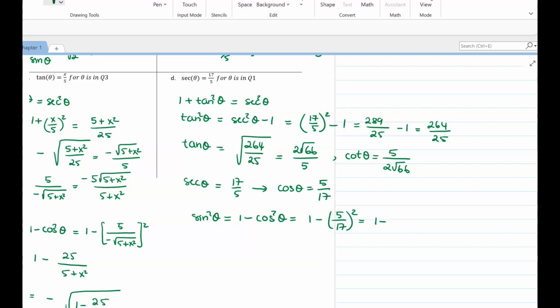That is 1 minus 25 over 289, and that is 264 over 289. And so sine of theta equals the square root of 264 over 289. That is 2 root 66 over 17.